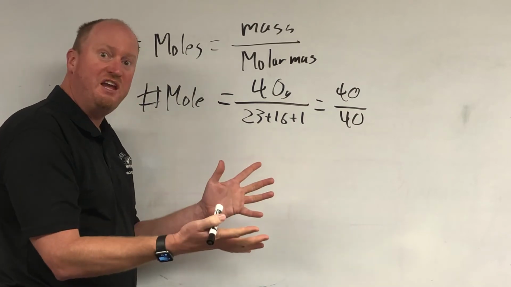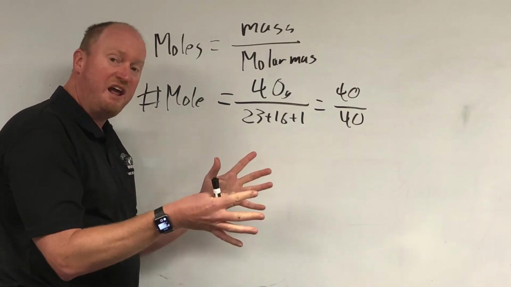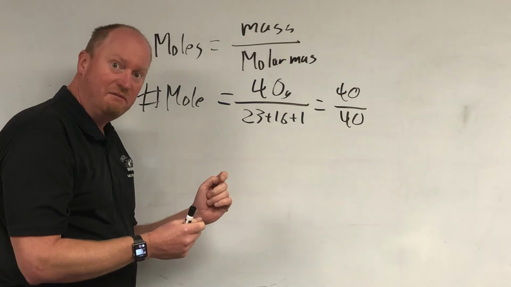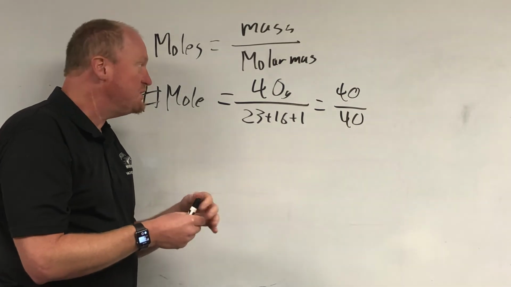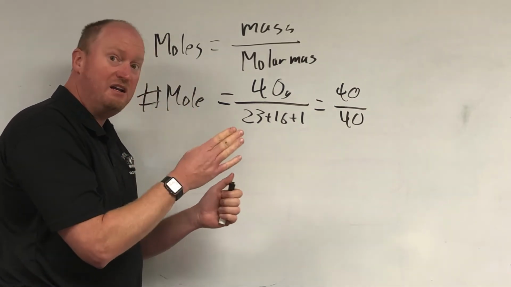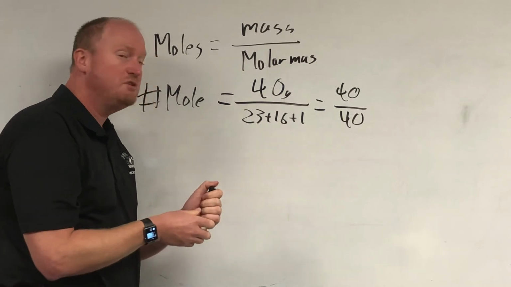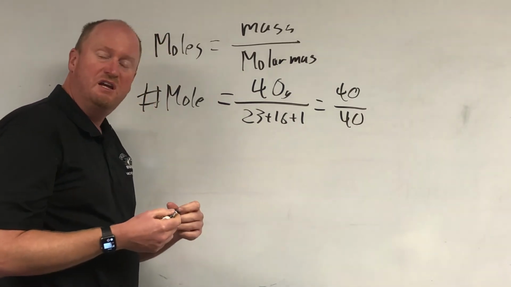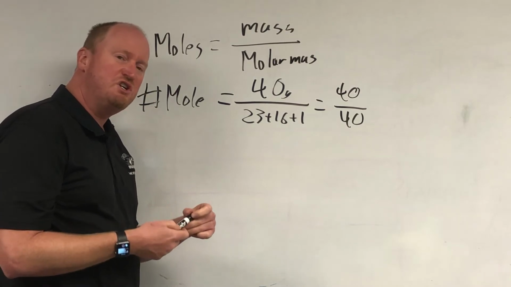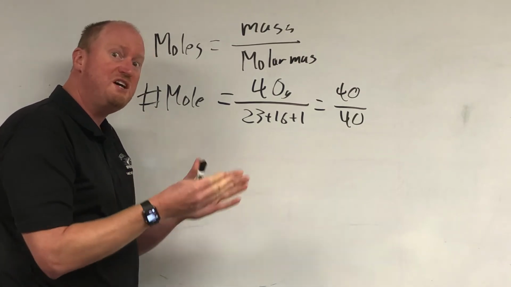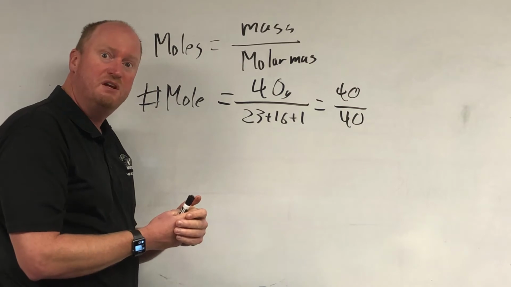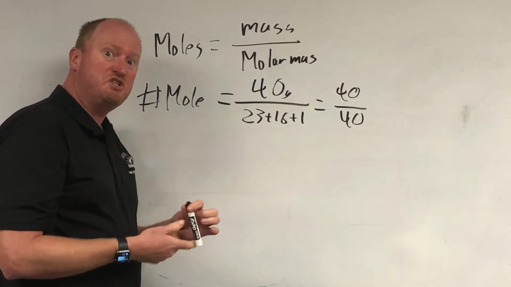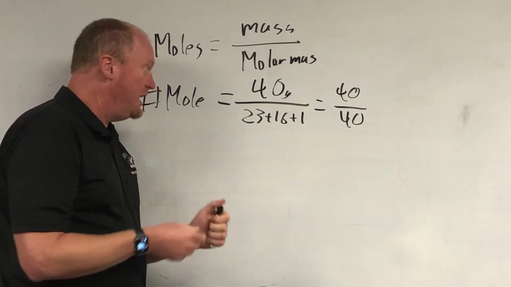The bigger the thing is, the fewer of them you're going to have in a sample of a given weight. So if you're not sure whether you're supposed to divide or multiply, ask yourself, what would happen if we change something? If you had bigger molecules, would you expect to have more of them or fewer of them in the same size sample? That's one of the things you can do just to make sure you're on the right track.